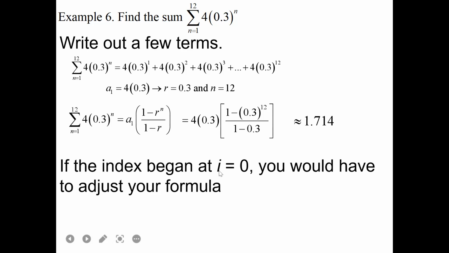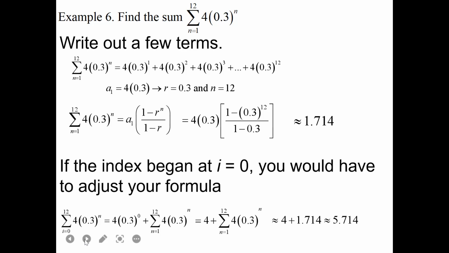Okay, if the index began at i equals 0, like in the last topic where we started from 0, for example 0 to 36, it means we have 37 terms. You would have to adjust your formula because you start at 0. Here, it means we now have 13 terms, because 0, 1, 2, 3, up to 12. Which is approximately 5.714.